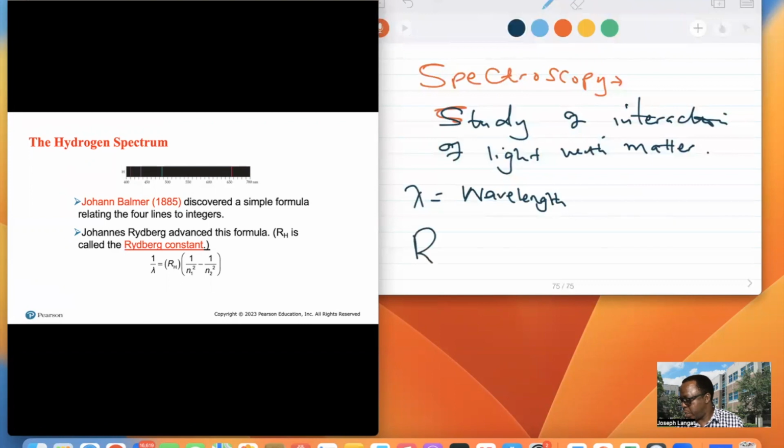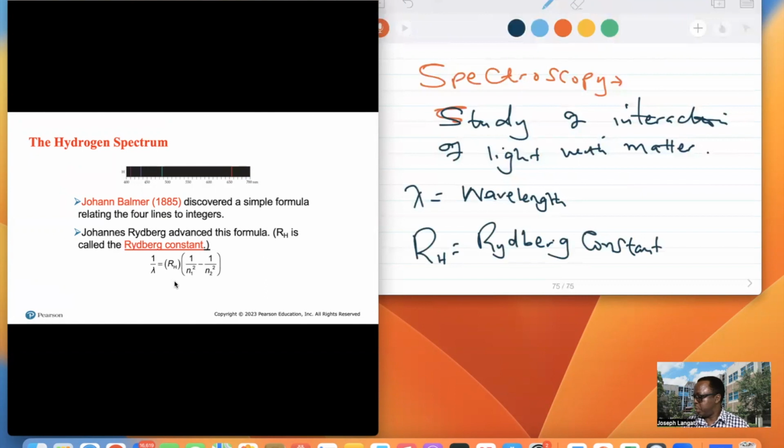Now, this R_H is something new. We call it a Rydberg constant, in this equation.